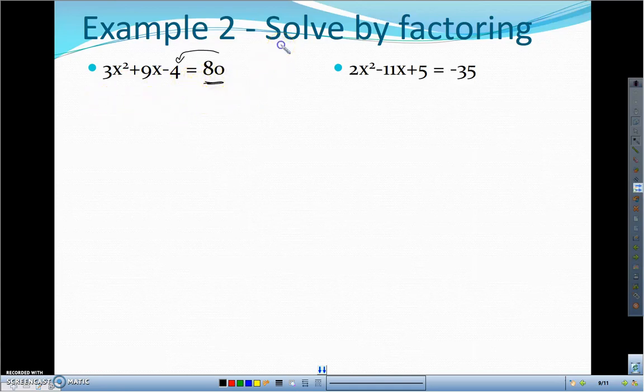And ultimately we expect to have two answers, because this thing opens up and wherever it hits the x-axis would be the answers. So that's for the visual learners. That takes us a little bit away from the algebra. 3x squared plus 9x. When we bring the 80 over, it turns into minus 84 is equal to 0.